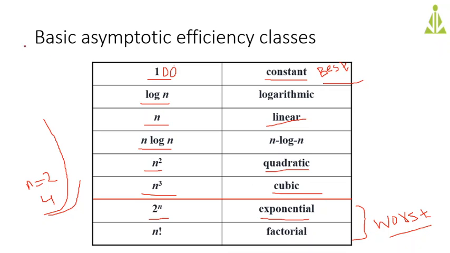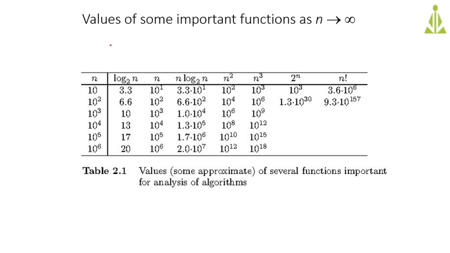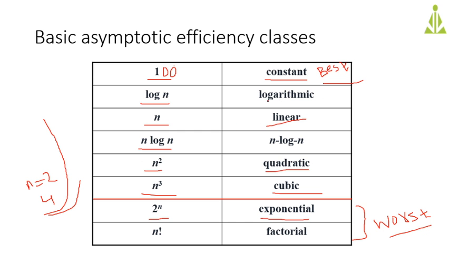Okay, so these are the basic asymptotic efficiency classes, and some more are there. Like the value of some important functions of n. Here n is linear, log n is logarithm. Here log base 2 n we will read, or you can read log n.